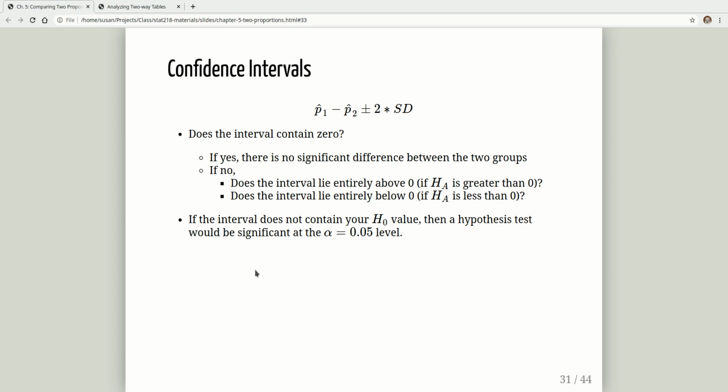You could also say, I know that the z value is less than 2 in that case. If 0 is not inside your interval, you could say, I know that z is greater than 2. You could also say, I know that we would reject the null hypothesis at the alpha equals 0.05 level.